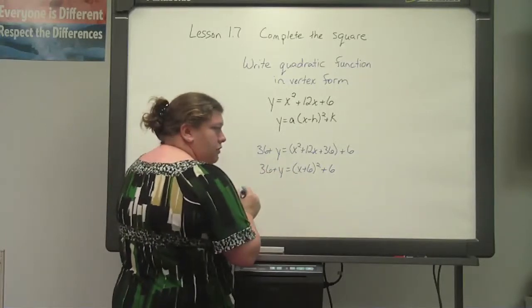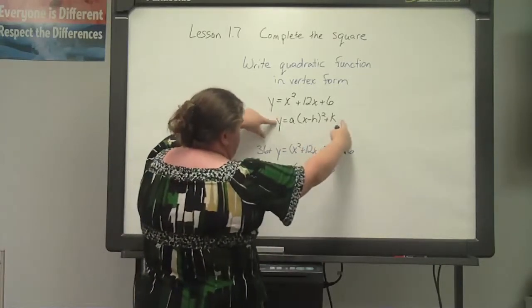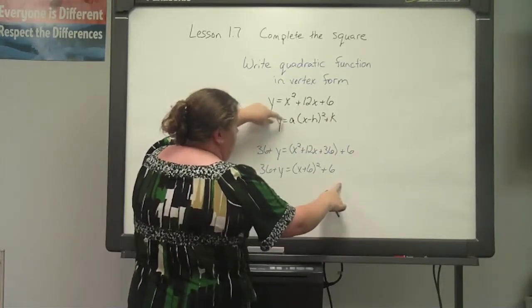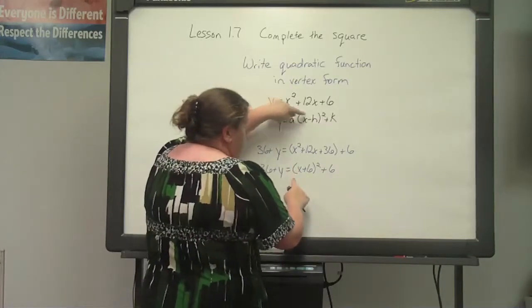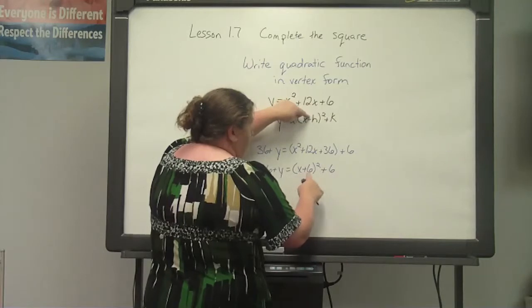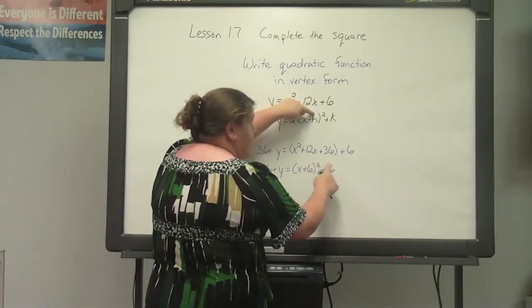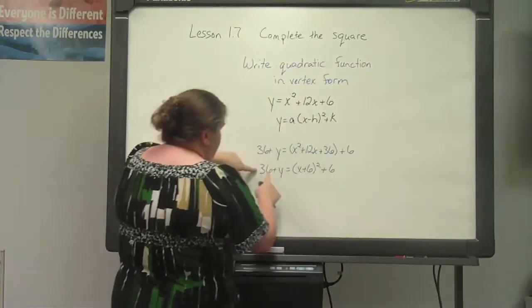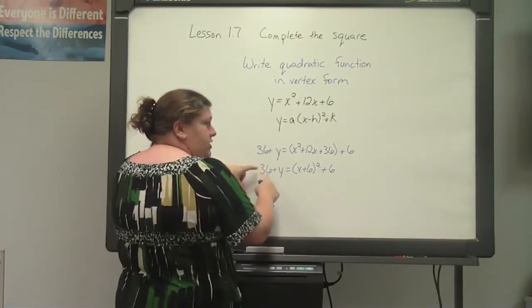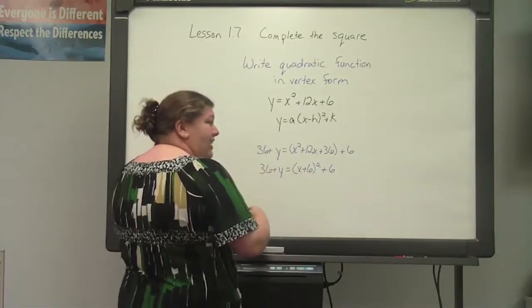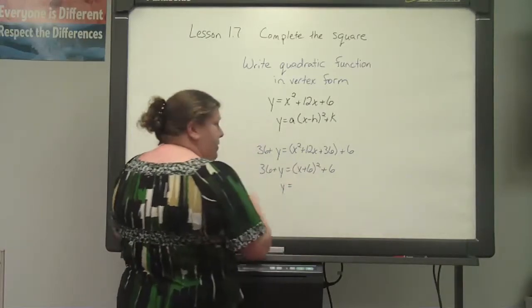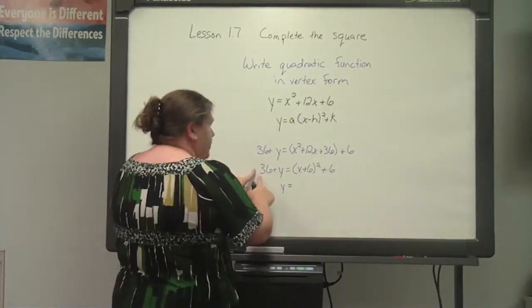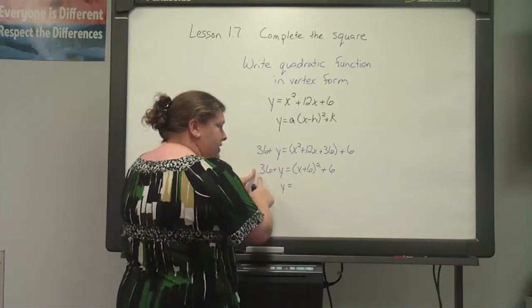And you can see it's starting to get to be the right form. I now have my a, which is my understood 1. I have my x, I have my h, I have a squared, and I have a k. But what I need to do is get rid of this 36 on the side with my y. So I solve for y, which means I'm going to do the opposite operation. Right now, it's showing a positive 36.